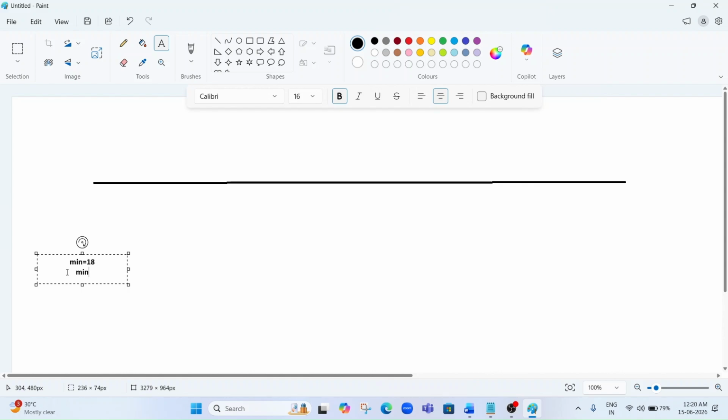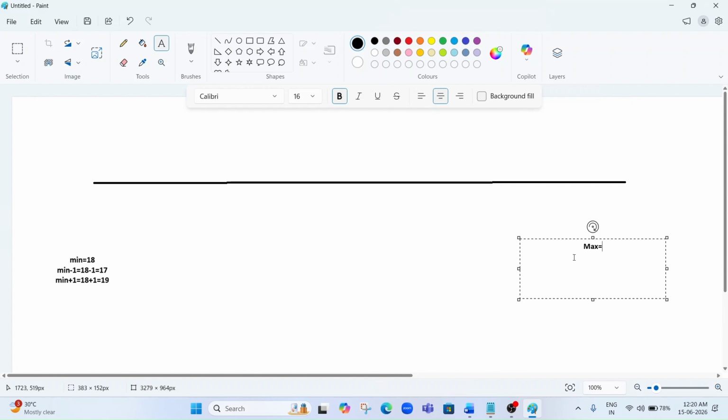And min minus 1 we will check, so 18 minus 1, 17. And min plus 1 equal 18 plus 1 equal 19. We are testing here.